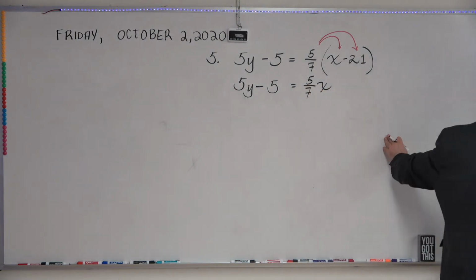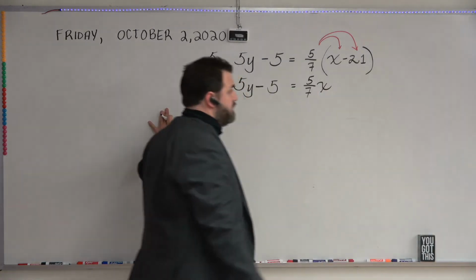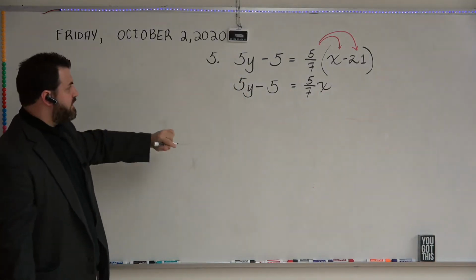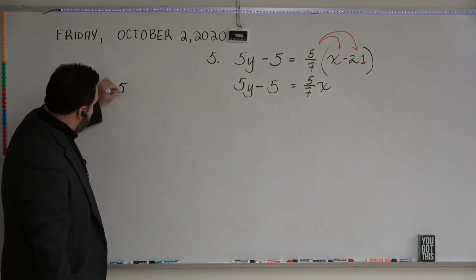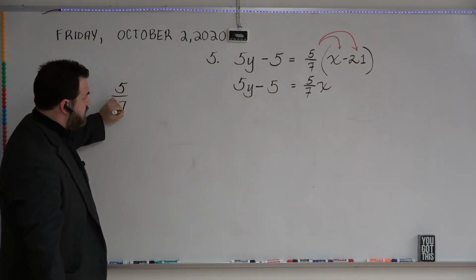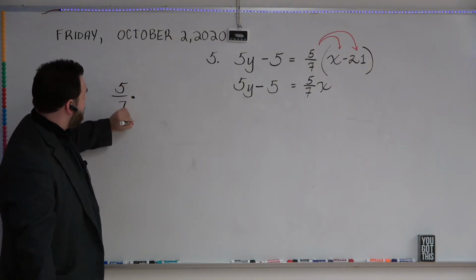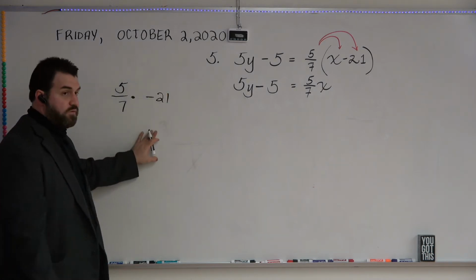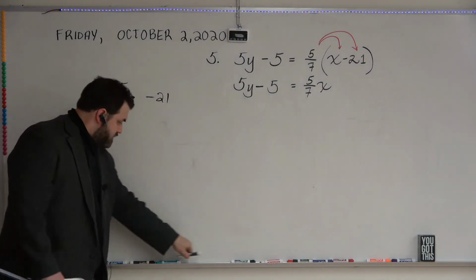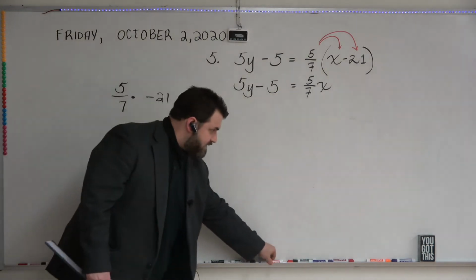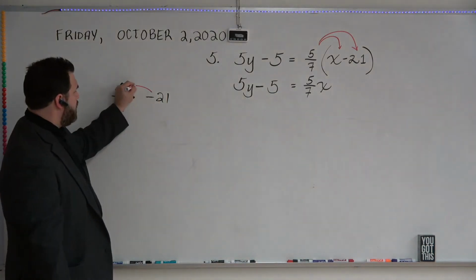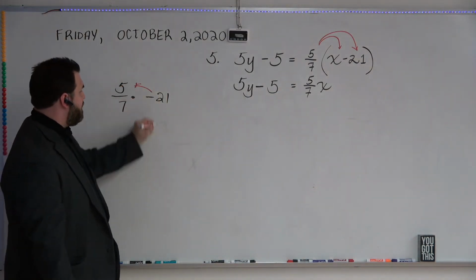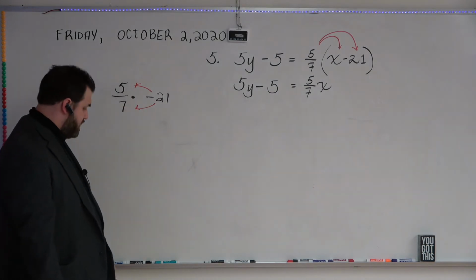Now, I want to look over here in side work, all right, real quick. Before we jump into that, 5 over 7 times negative 21. Okay, this is confusing to a lot of people. This is where people get stuck. They're not sure whether to go with the top or with the bottom. What do we do here?